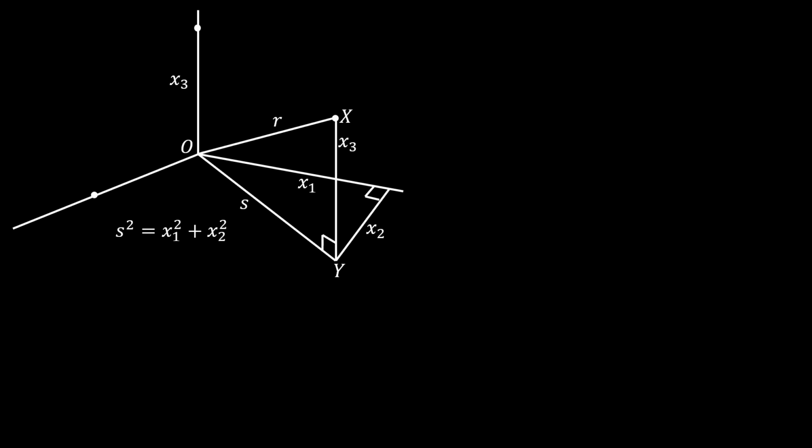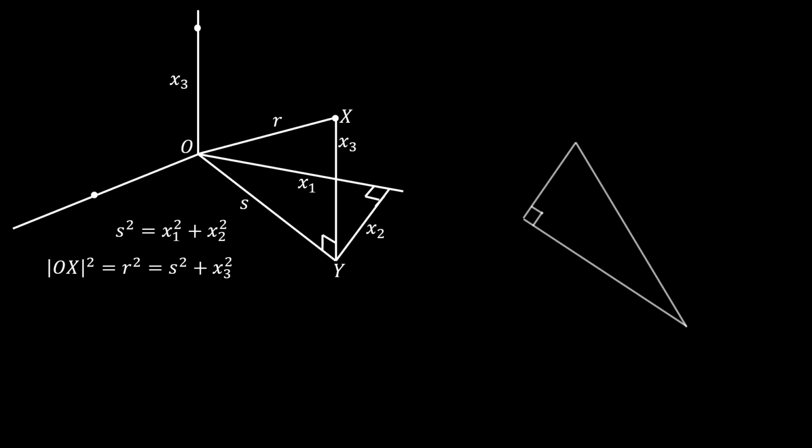And then we have this right angle triangle involving s, r, and x3. So r squared, or x squared, is equal to s squared plus x3 squared. So you could spend some time and see that the Euclidean norm also holds there. Similarly, if we do have this other right angle triangle, we have O as the origin, we have x, we have y, which is just simply an inversion of what we have here.